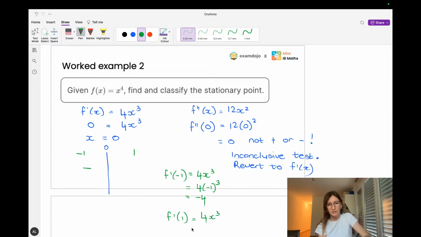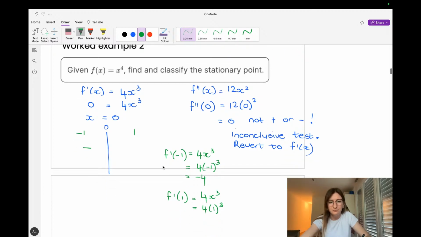I'll write it again, keep the same pattern so people can follow. And that's just 4. So that's positive. All right, so we're going from negative to positive, decreasing to increasing. So that is a minimum.